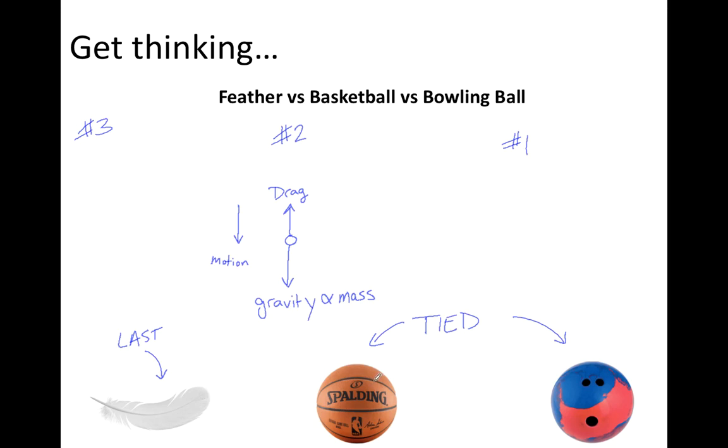The effect of drag on the basketball and bowling ball was roughly the same. And so, even though the drag was about the same, the mass didn't really matter for how quickly these two objects accelerated towards the ground. That's kind of weird. So, why does that happen? Well, we're going to explore that on the next few slides.